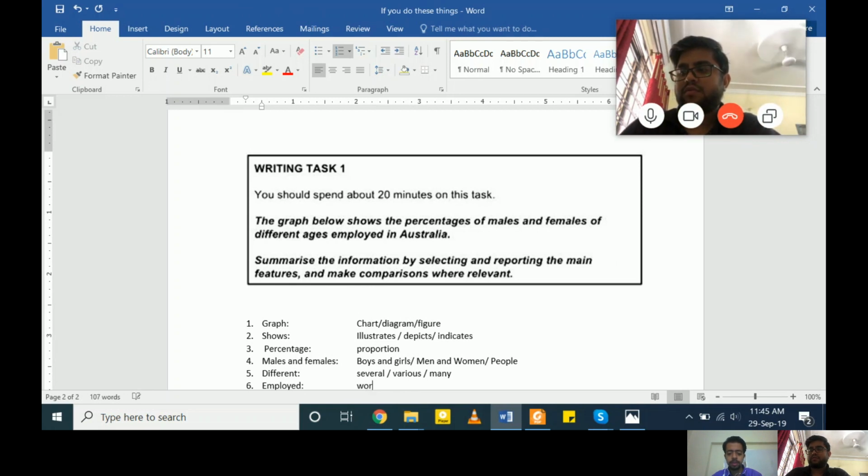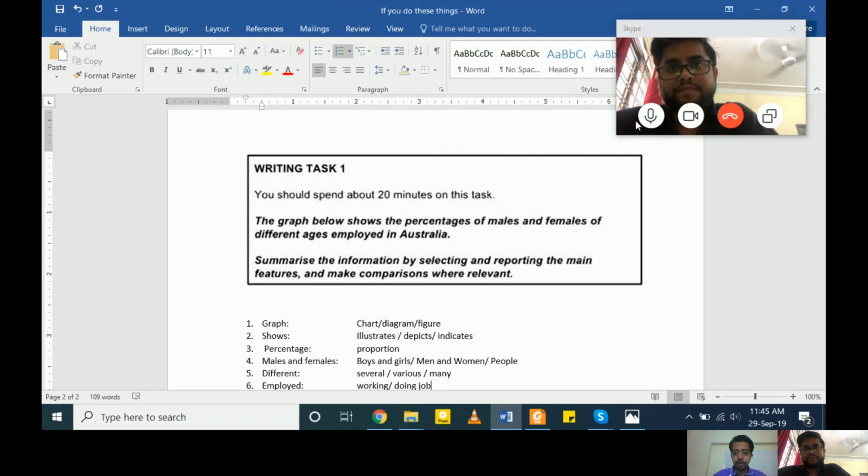Simply working. Okay. Doing a job, or like this. Both these words can be used just to make the statement more general. Okay, so that's how we introduce our task one by paraphrasing the given question. Okay, right.